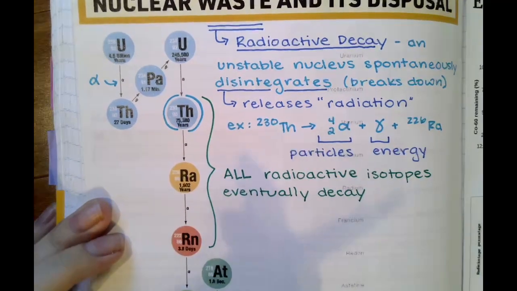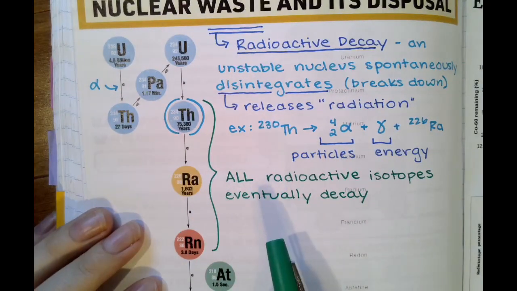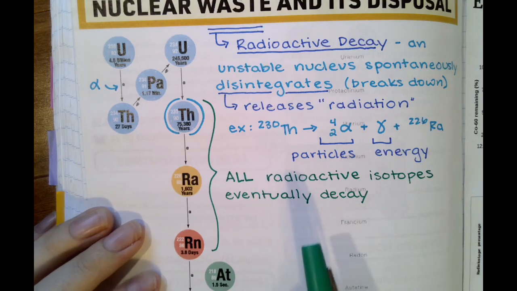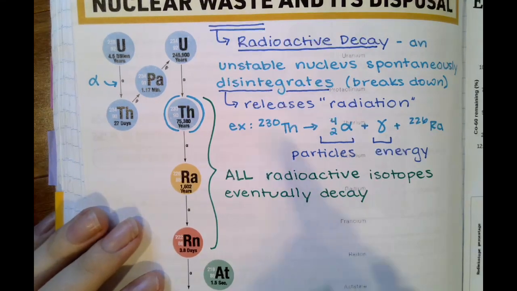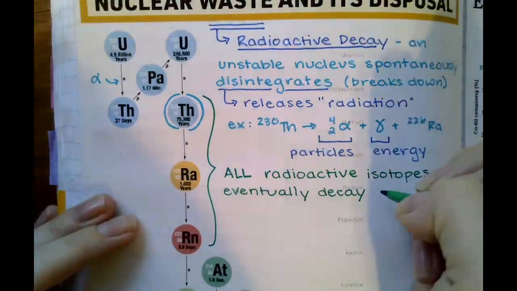So all radioactive isotopes eventually decay, and when they do, they release something called ionizing radiation. And we're going to come back to that. But for now, let's just add it, and then we'll focus in on the word decay.